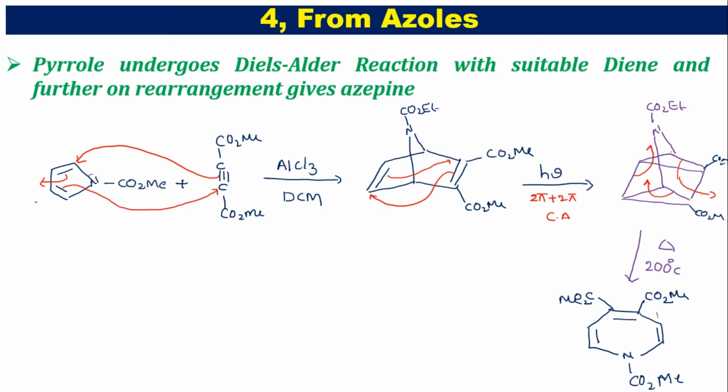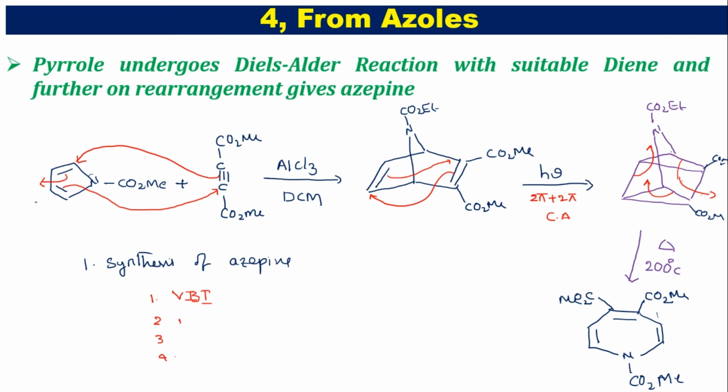So friends, here in this video we just discussed the synthesis of azepine. I mentioned 4 methods. The first one, second one, third one and fourth one. The first method is valence bond isomerization.